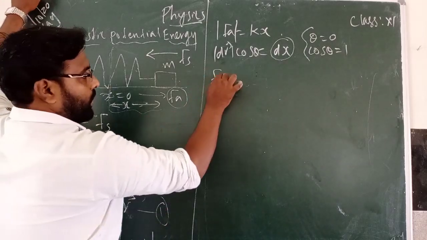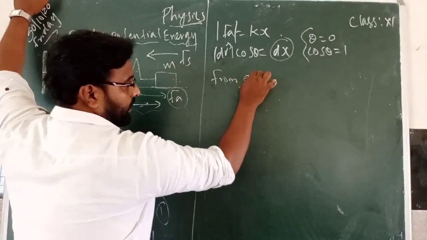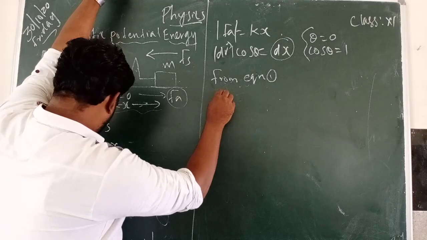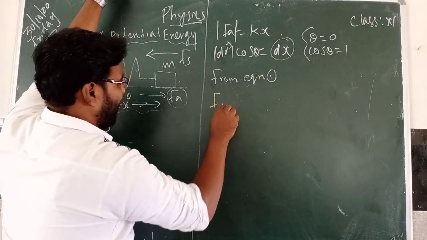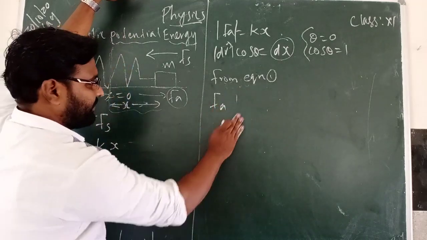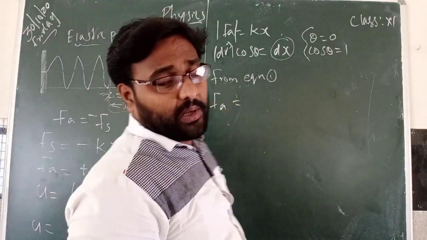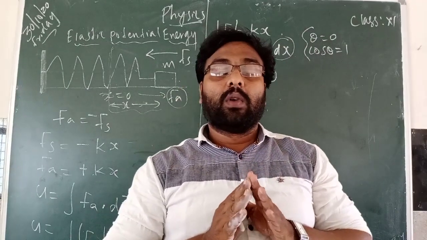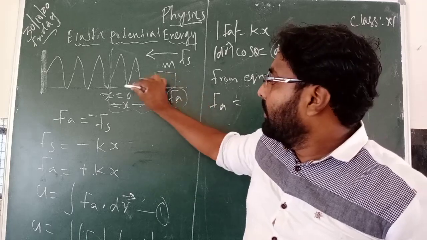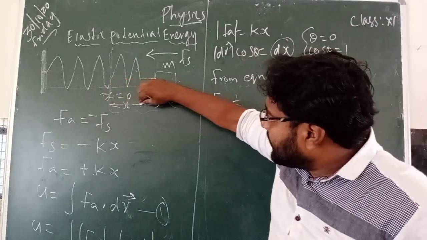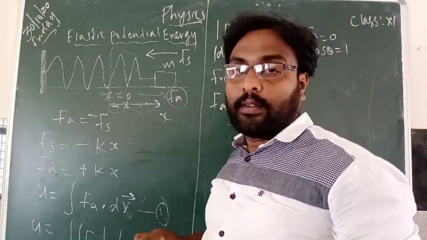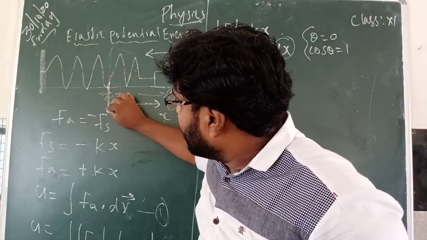Now from equation 1, why are we integrating? Here in this spring mass system, this much displacement is there, x distance from the equilibrium position.